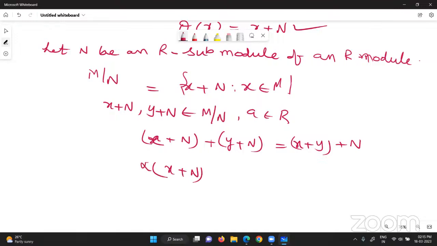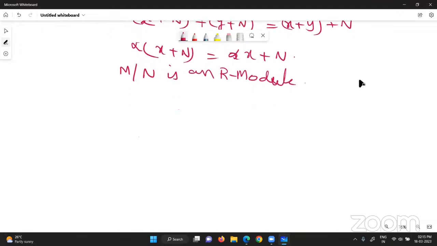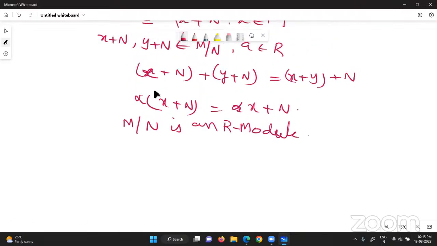And alpha into x plus n is alpha x plus n. So then you have M by n is an R module with respect to the above two operations. This is called the quotient module of M by n.